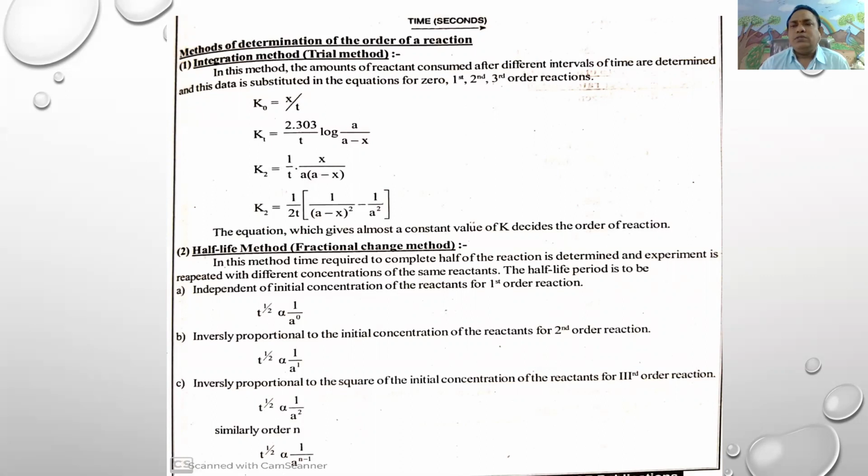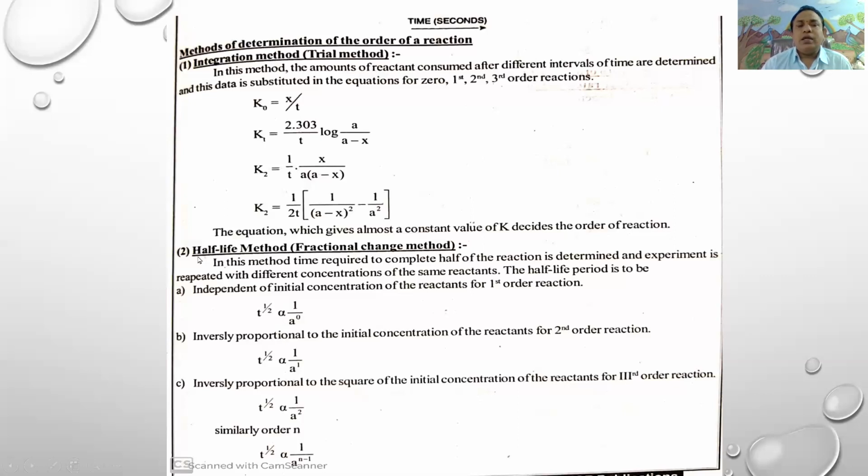Briefly, we can simply say that first determine the concentrations of the reactants after different time intervals, which are substituted in the different rate constant equations, that is zero, first, second and third order rate constant equations. The equation which gives almost a constant value of K decides the order of the reaction. That is integration method or trial method.